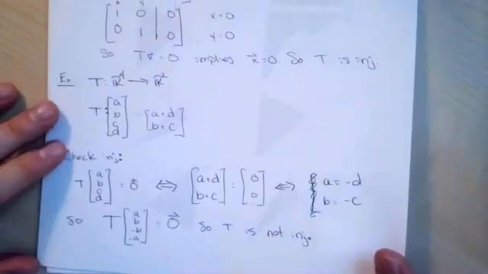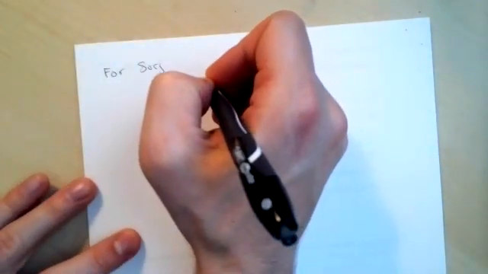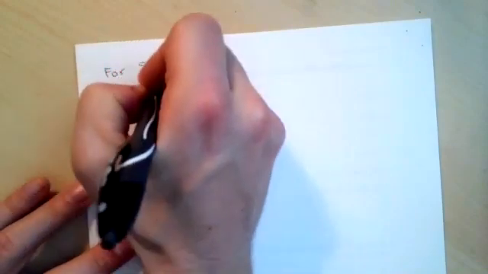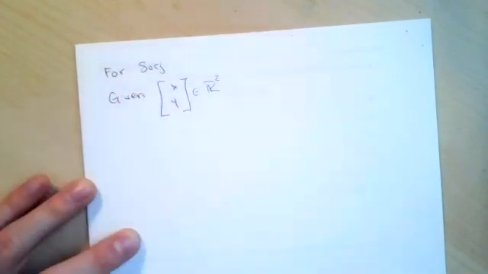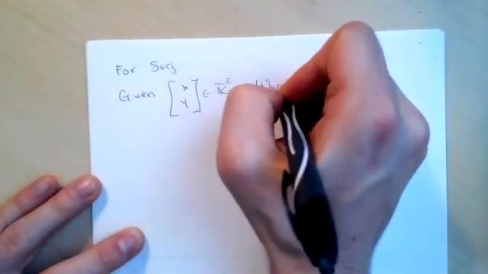For surjectivity, we want to be given any arbitrary vector in the image. And then what do we want?